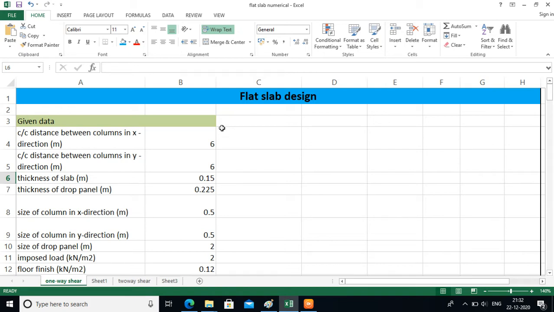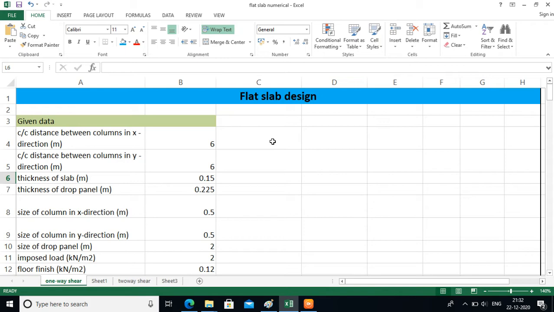So here I have taken the statement of the numerical in terms of given data. Directly I have taken the given data. So for the design of the PT post tension flat slab, I am going to cover a panel of continuous slab.